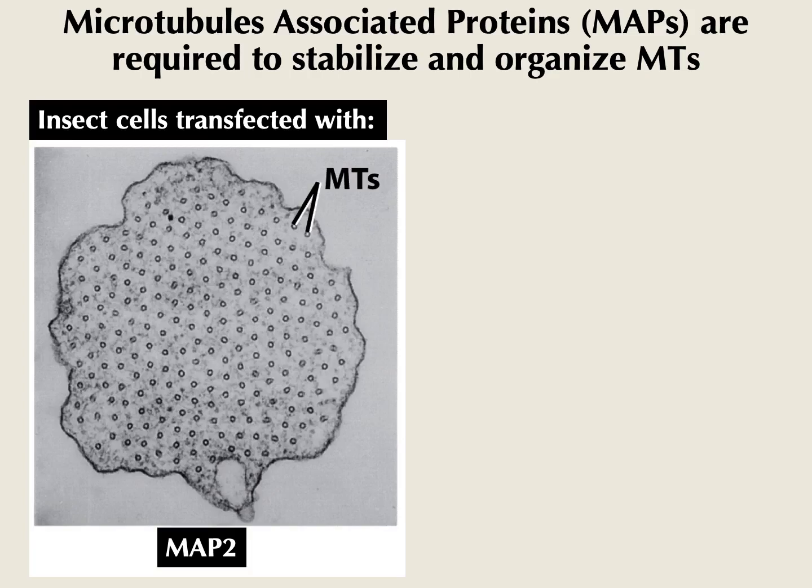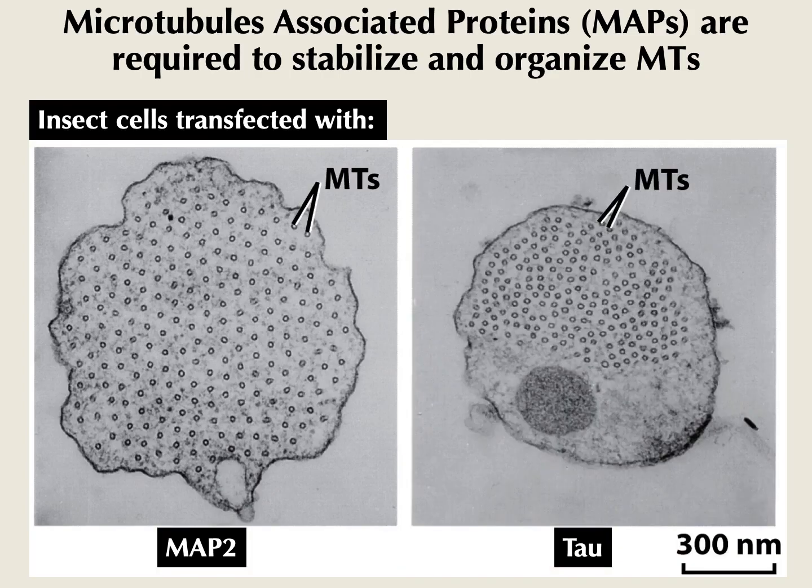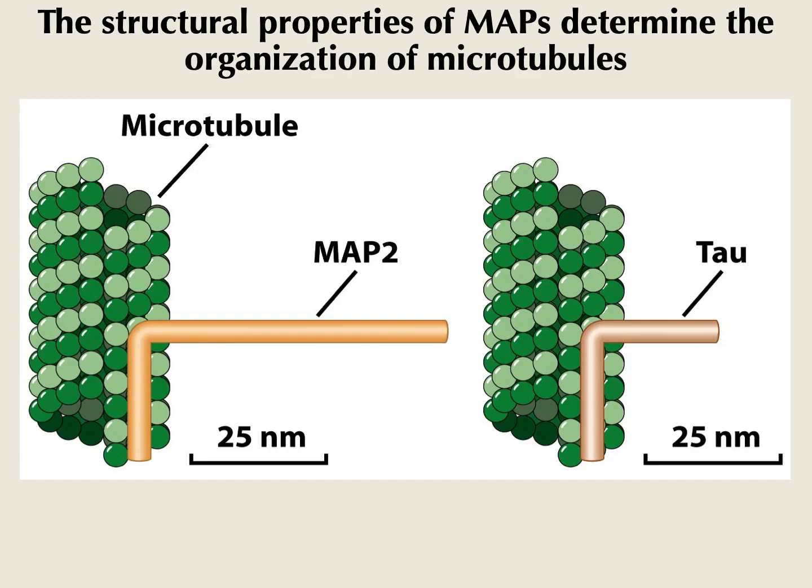This is like a cross-section. You use another one like tau, which is a classic neuronal marker, and you get a slightly different organization. Not going to go into too much detail, but this could be interpreted as MAP2 binds in a certain way and then interacts with the microtubule with their plus ends, tau in a different way, and so on.